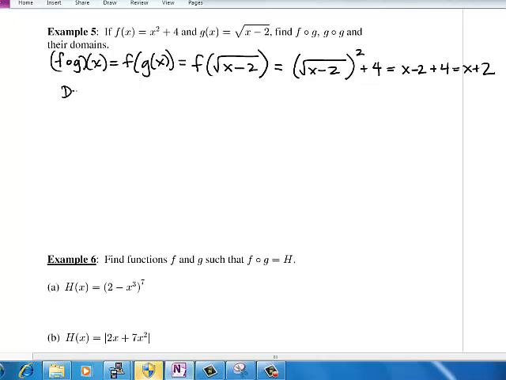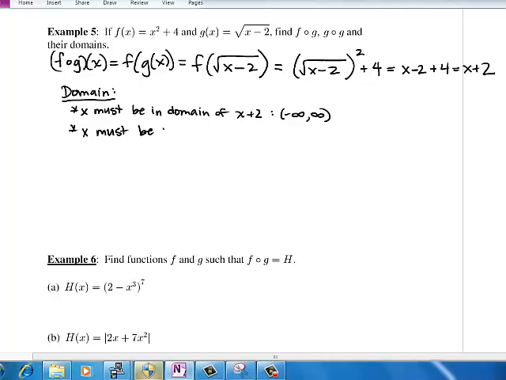For the domain, though, we have two issues. x must be in the domain of the final formula, which was just x plus 2, so that's no problem. But before that, x has to be in the domain of the inside function, which in this case is g. So x must be in the domain of g.